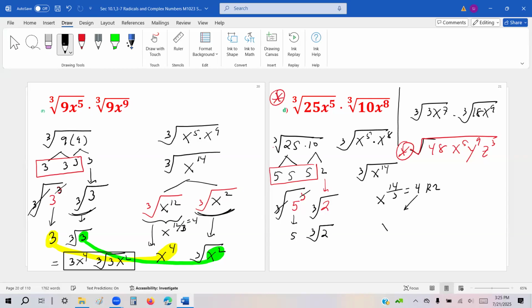Now this 4 is x to the 4, and this 2 is x squared inside the radical. So these two are free, and these two are not free. They're inside the radical. So you put them together. 5 x to the 4 outside, and inside the radical 2 x squared.